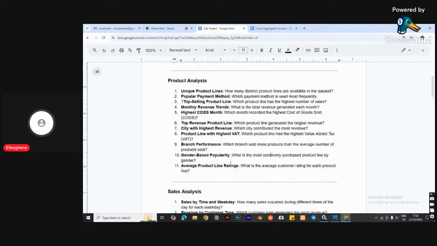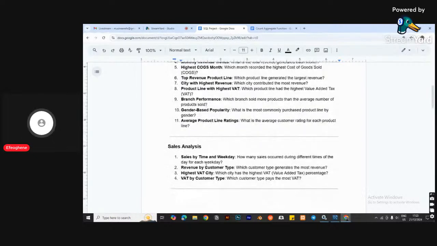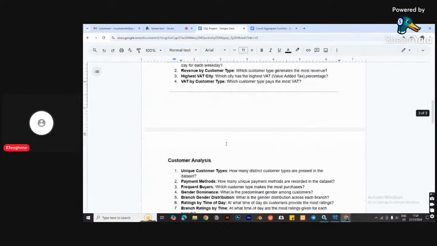Thankfully, we were able to look at all of these questions. So today we'll dive straight into sales analysis, and we'll see how we can find patterns or generate some insight from the data set regarding the sales. After that, we have customer analysis.